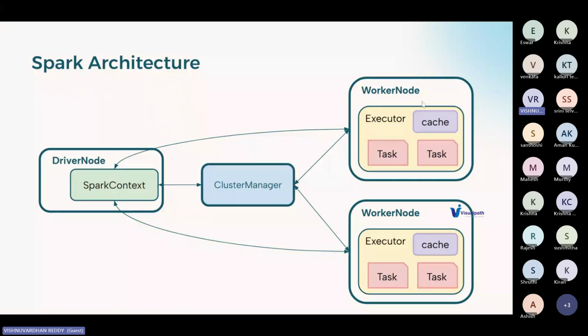If any worker node fails, we would lose some data, so at that point the cluster manager creates another worker node. Since it is in a cloud environment, it is scalable. The Spark architecture is totally scalable, and it creates new worker nodes based upon the configuration provided in the cluster manager.